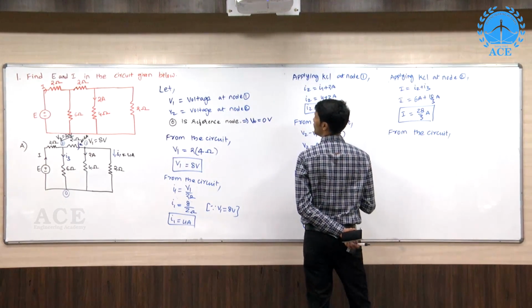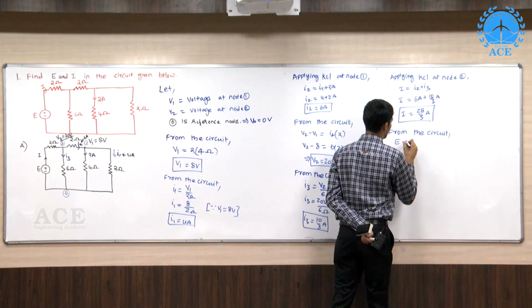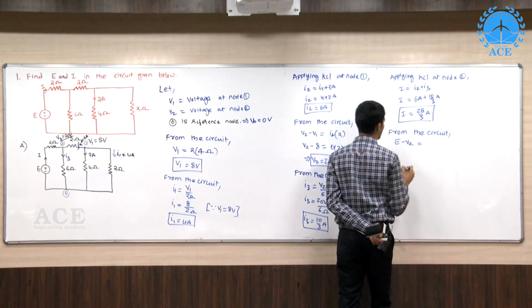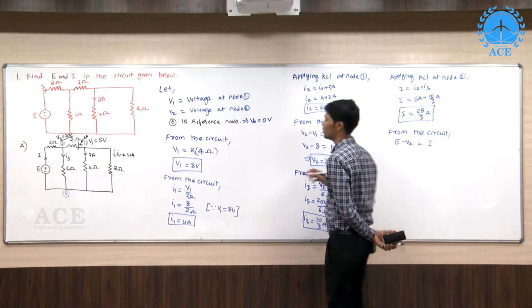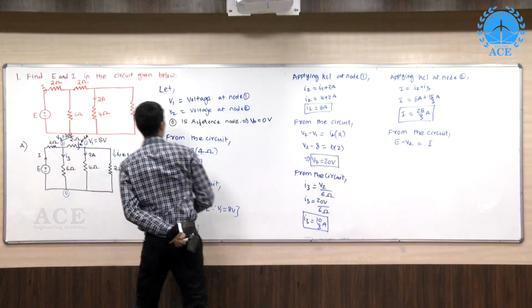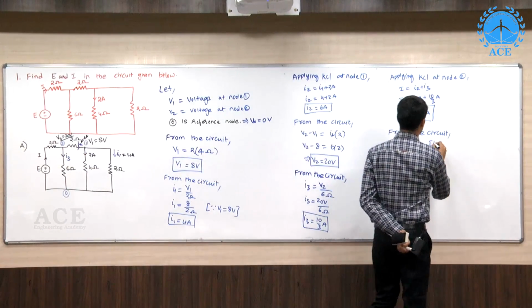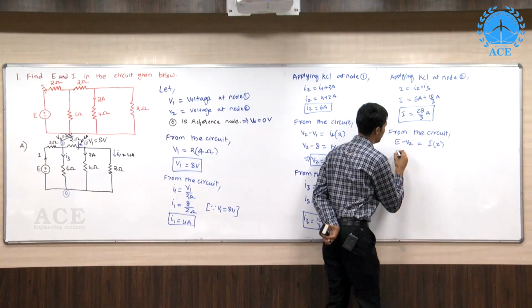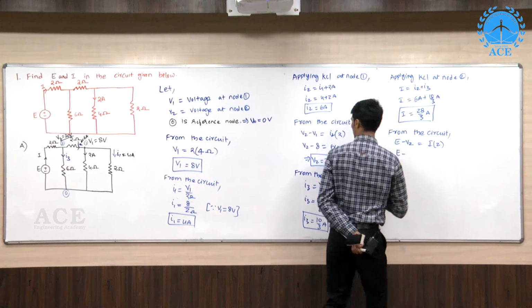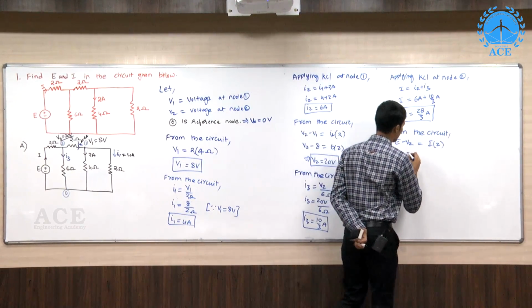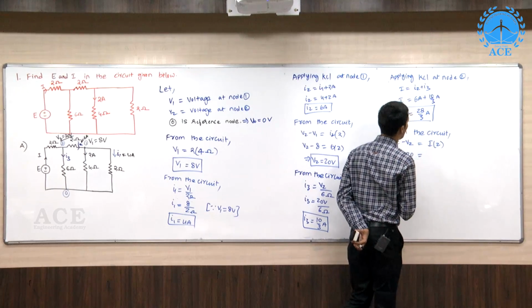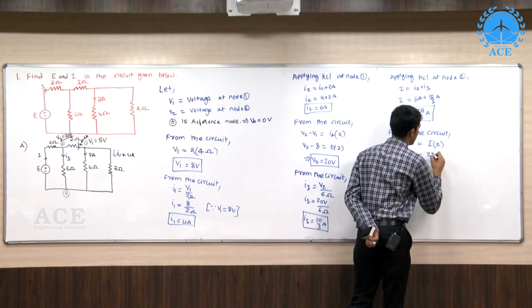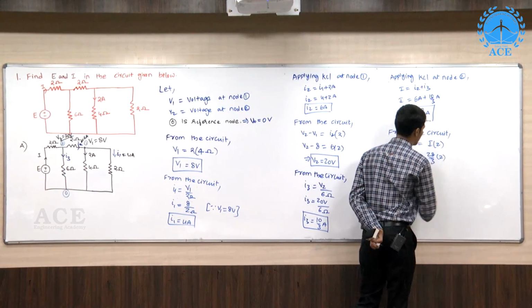Now again from the circuit, we have E minus V2 is equal to I into the value of this resistance, which is 2 ohm. So I into 2. From this we have E minus V2, which is your 20 volt, is equal to I, which is 28 by 3, into 2.